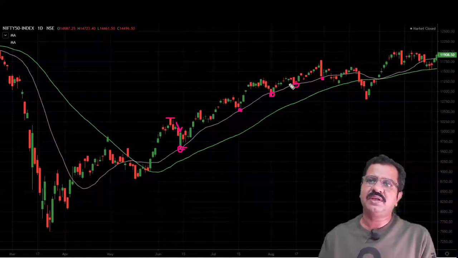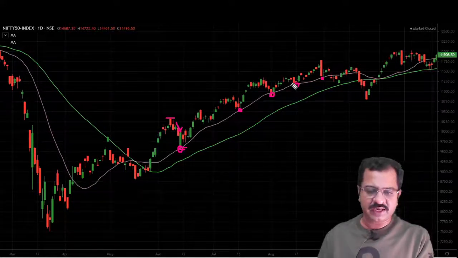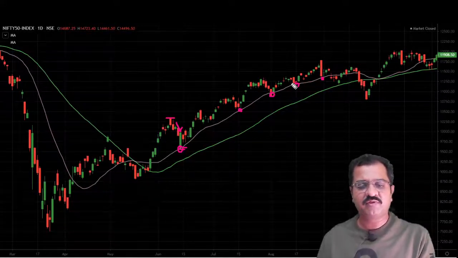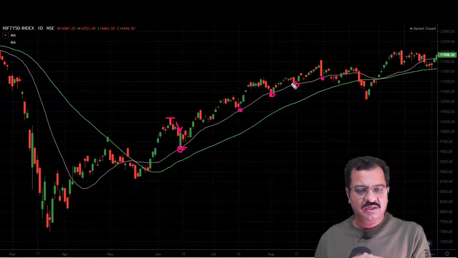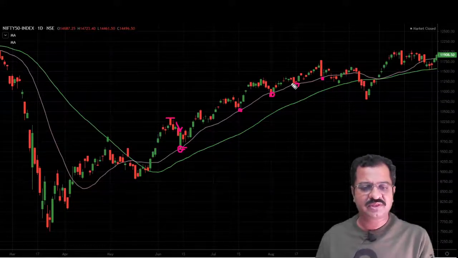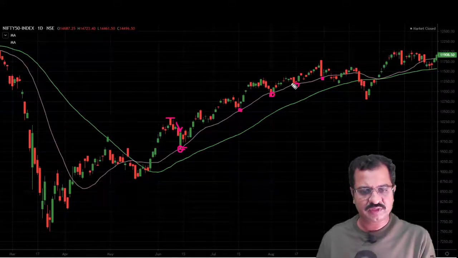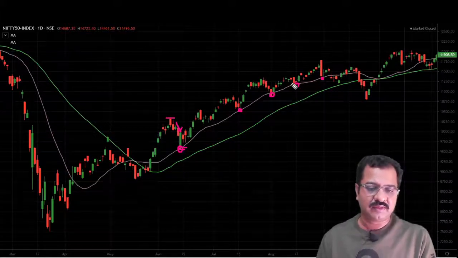You can simply do one thing. If any candle closes below the 20 moving average, and if the new day candle breaks the previous day low, then you can exit. This is a simple exit rule.